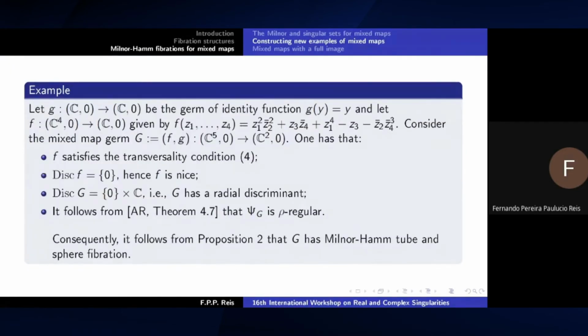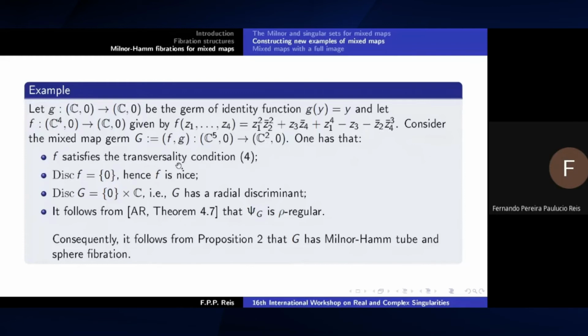An example: let g be the germ of the identity function, and let f from C^4 to C be given by this formula. Consider the mixed map germ (f, g) from C^5 to C^2.